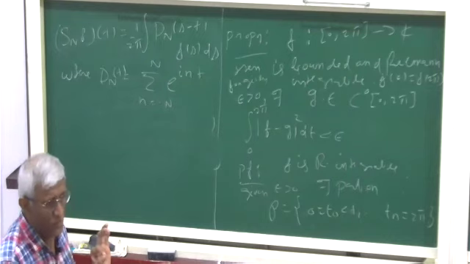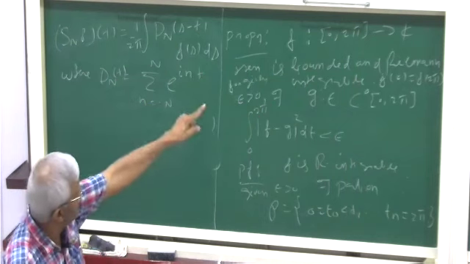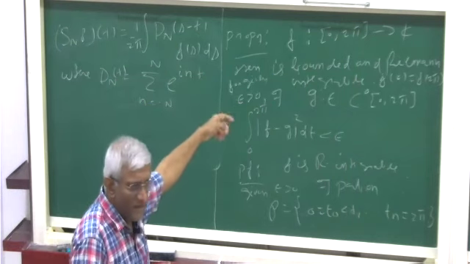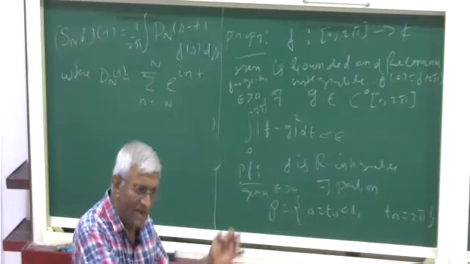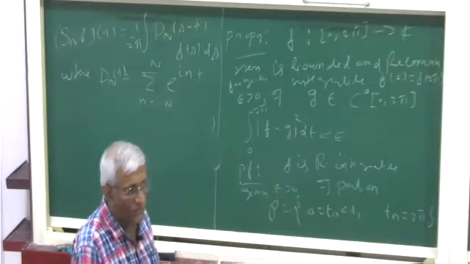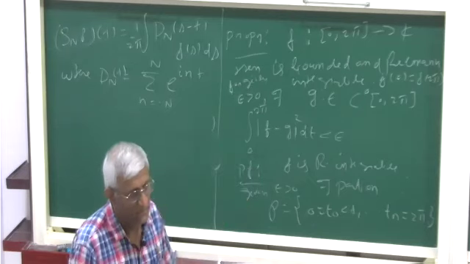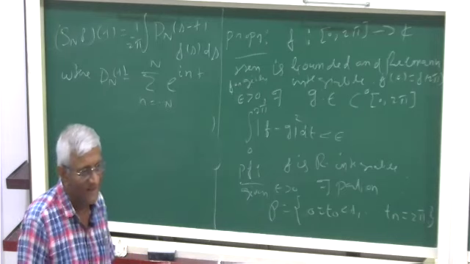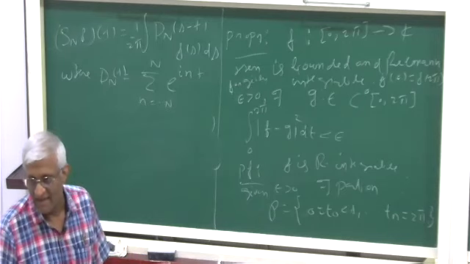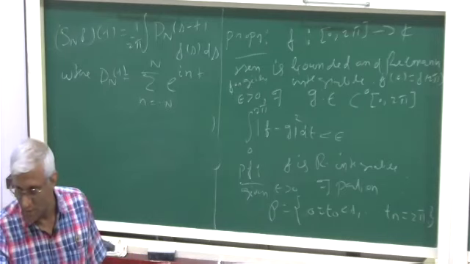Zero to 2π is also a group. When we have that periodicity, you identify 0 to 2π with the circle. If you have confusion, go to the circle and come back. The circle is a group.